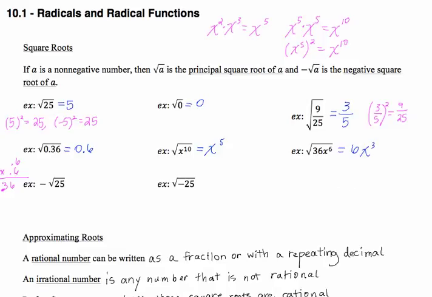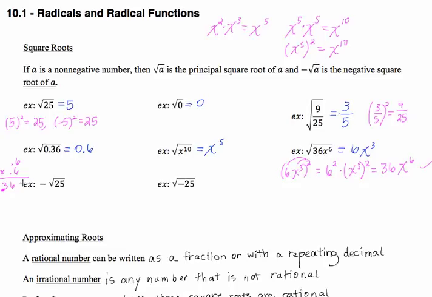That way when you square 6x cubed, the square goes to everything inside. It goes to both the 6 and the x cubed. So that means 6 squared times x cubed squared, which is 36. When you have something like this, remember you multiply those exponents, 3 times 2, so you have x to the 6th. So that does work.